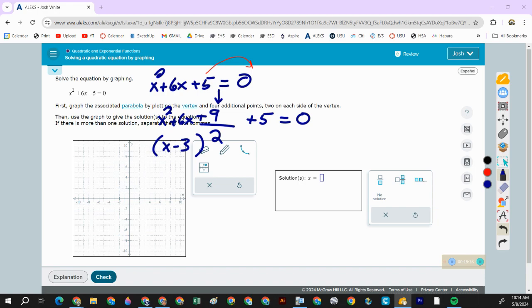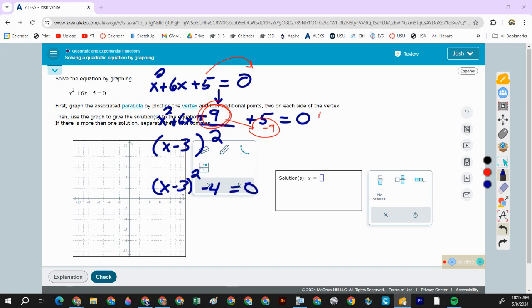So instead of putting a plus 9 over here to counteract this 9, I'm just going to put a minus 9 right here, so that essentially I added 0. So putting the plus 9 made the left side heavy, but then I removed 9, and now it's all balanced again. So that gives me x minus 3 squared. 5 minus 9 is negative 4.